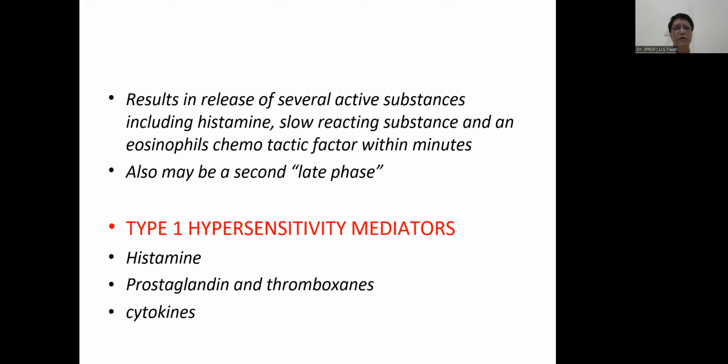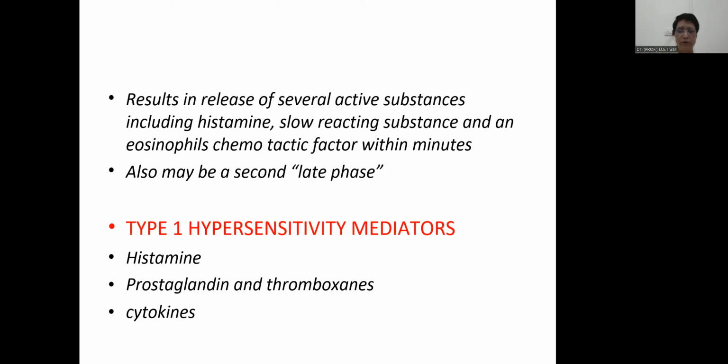It results in the release of several active substances. There are pharmacologically active substances that include histamine, slow reacting substances, and eosinophil chemotactic factor within minutes. Also, there may be a second late phase in the same episode. Type 1 hypersensitivity is mediated through histamine, as I said, also prostaglandins, thromboxanes, and cytokines.